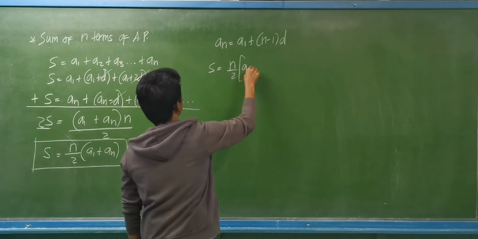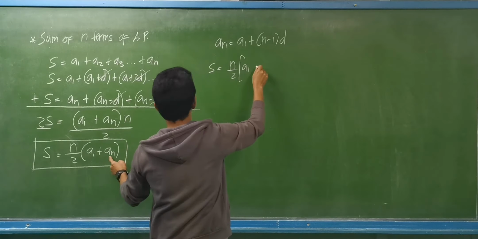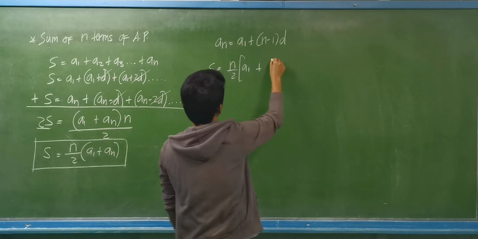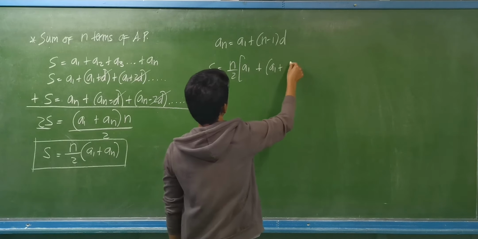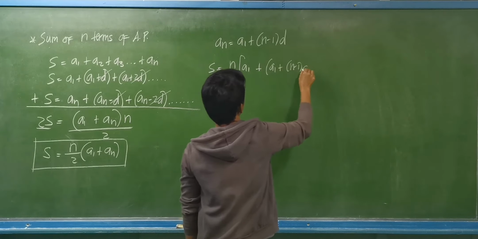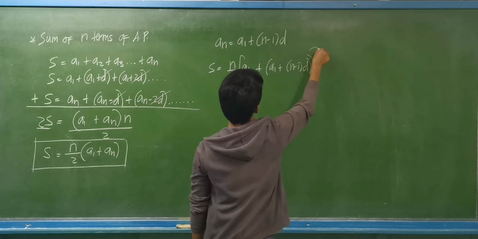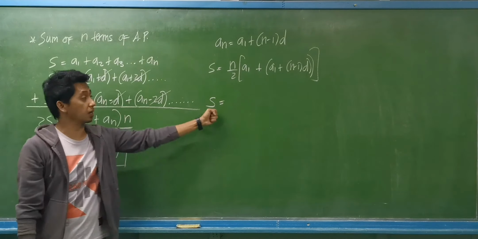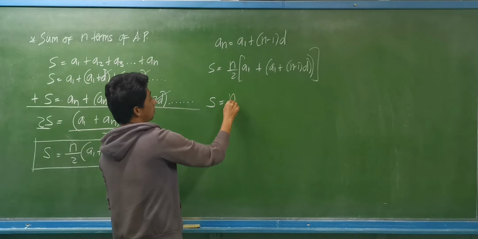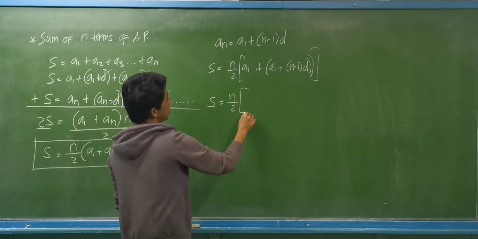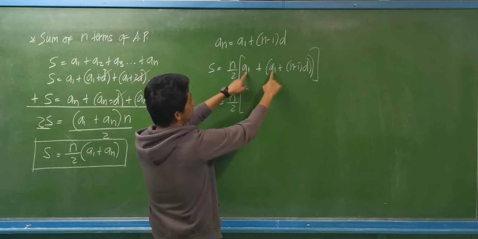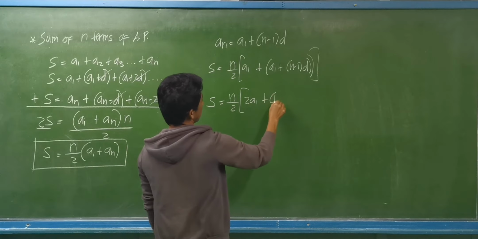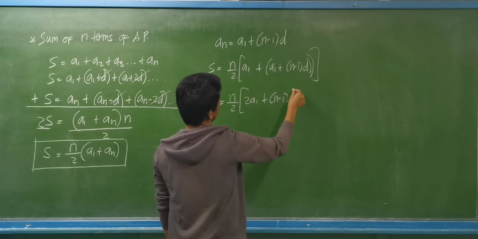So we have the summation equal to the number of terms over 2, multiplied by the first term, plus, what is the equivalent of a sub n? That is a sub 1 plus n minus 1 multiplied by the common difference. Simplifying further, we have the number of terms divided by 2, multiplied by a1, which is twice the first term, plus n minus 1 times the common difference.